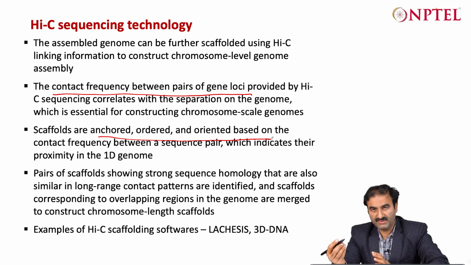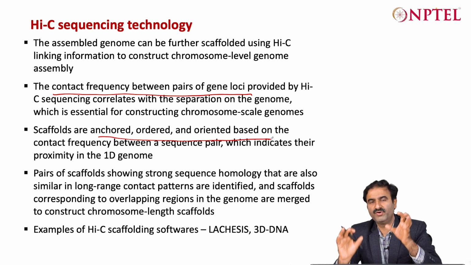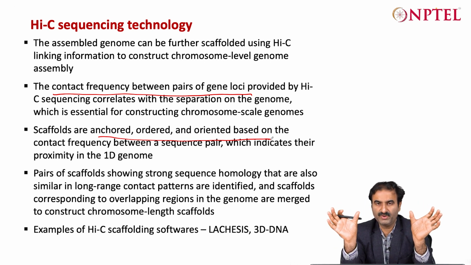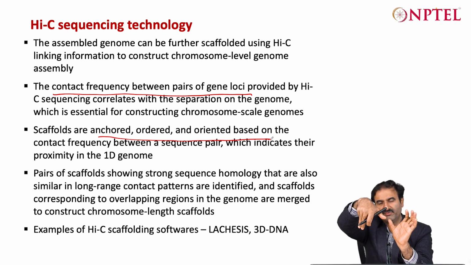So that means that you already had a good quality assembly which was in scaffolds that were more than 1 MB in size, right? But you don't know which scaffold, like there could be two large scaffolds, but you don't know this is coming from what chromosome, this is coming from what chromosome, whether they can really be connected this way or this way or this way, right?